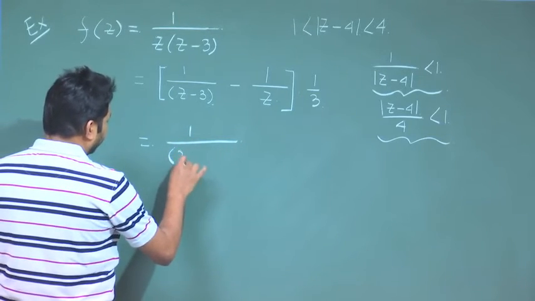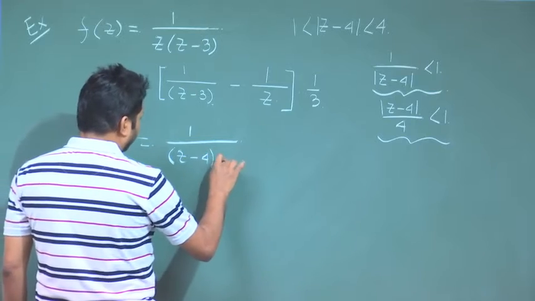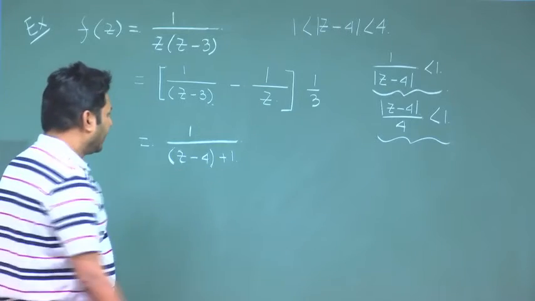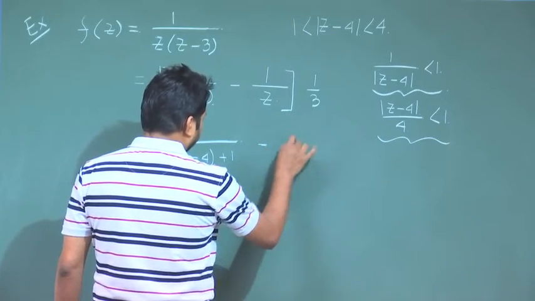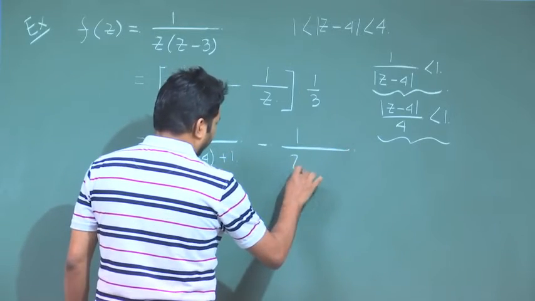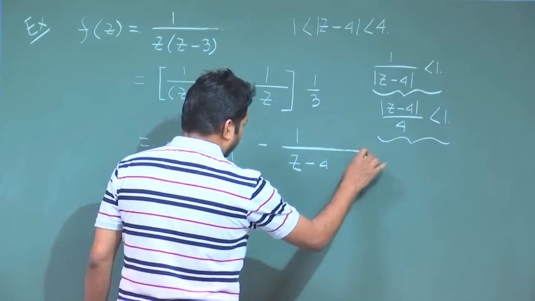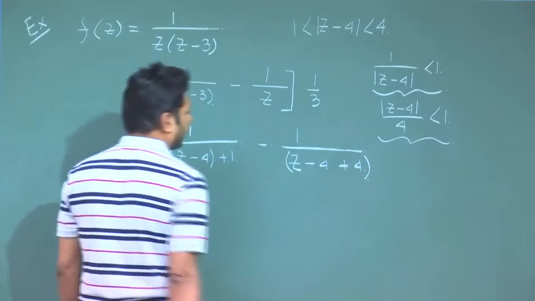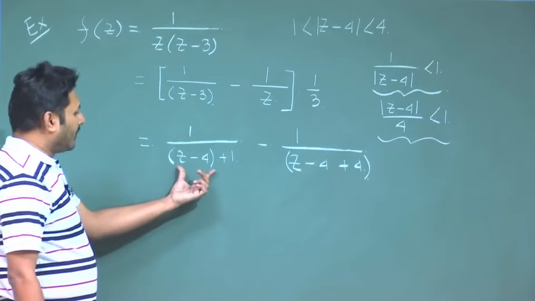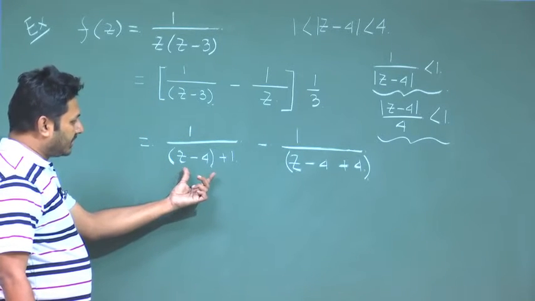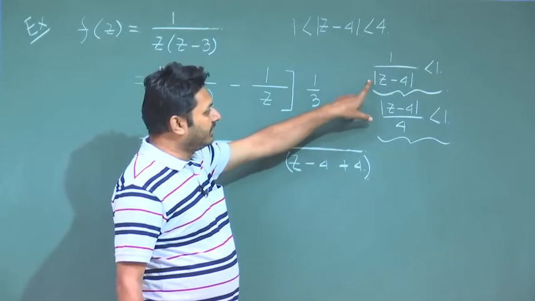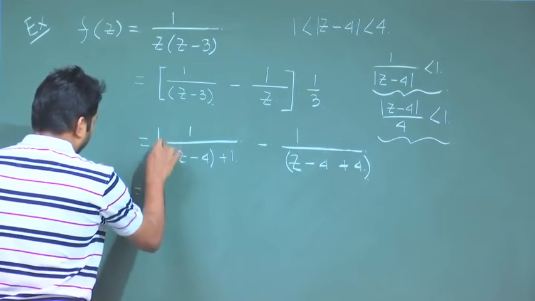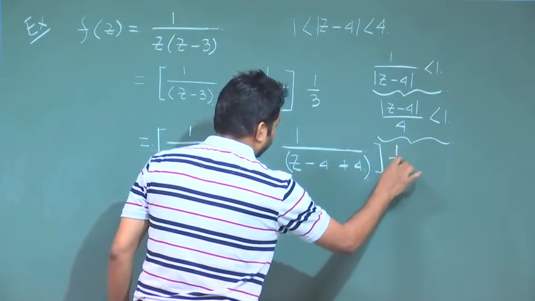So, z minus 3 I can write as z minus 4 plus 1. Another part, which is z, I can write as z minus 4 plus 4. Now, I can expand this term because here I can have 1 divided by z minus 4 less than 1. So, if I take 1 by z common, anyway the 1 by 3 term is already there.